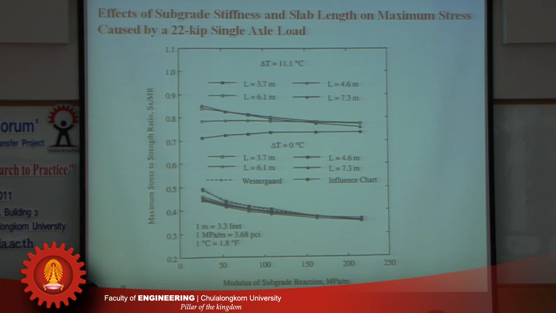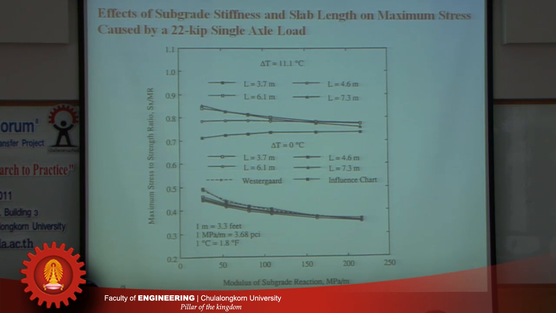When there's no temperature differential, the modulus of subgrade reaction has a significant effect. What we had known before is that when you build concrete on a stiffer subbase, you can use a thinner concrete layer, right?